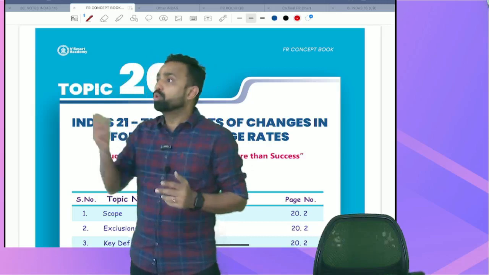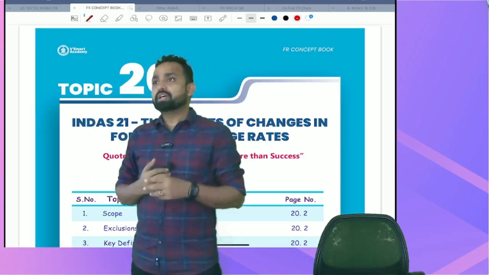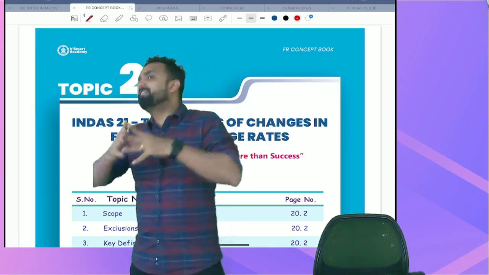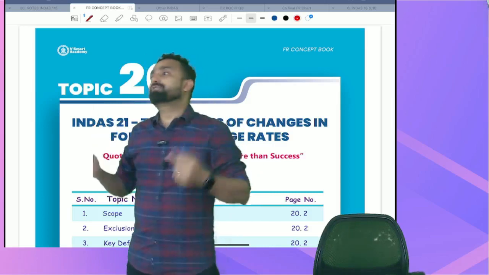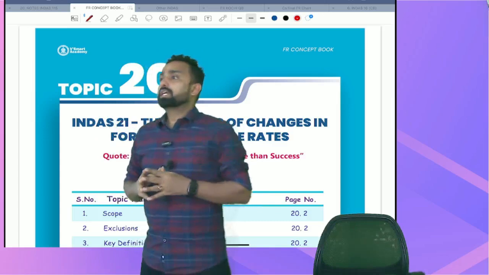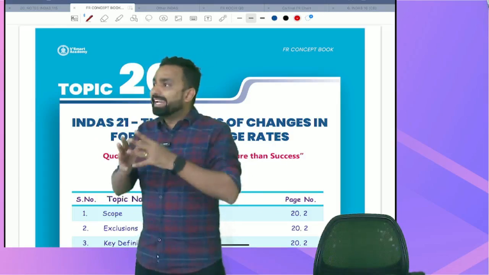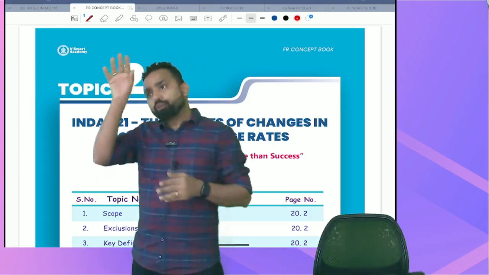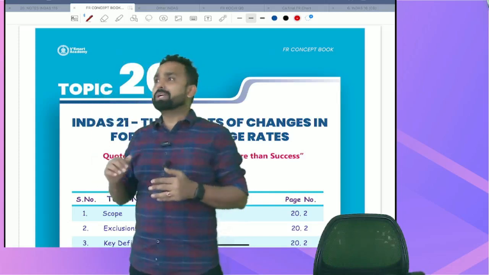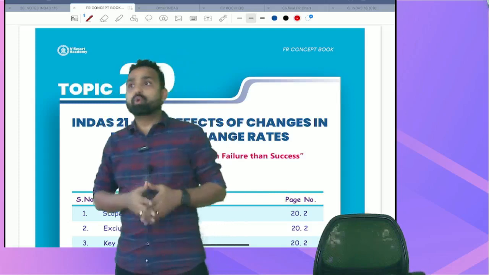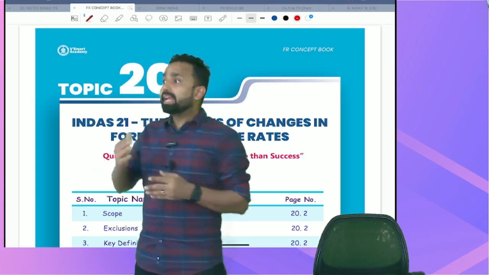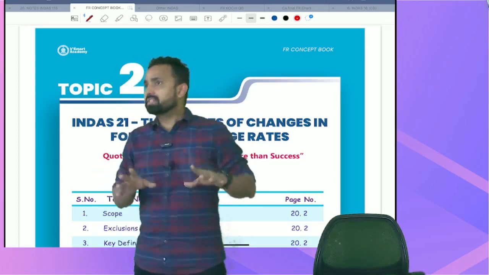You take the loan, you arrange the funds in which currency? So there are many factors by which we can understand what the functional currency could be. Ind AS 21 gives us many indicators by following which we can evaluate what our functional currency is. Is it Indian rupee or is it any other currency? We will discuss some indicators.